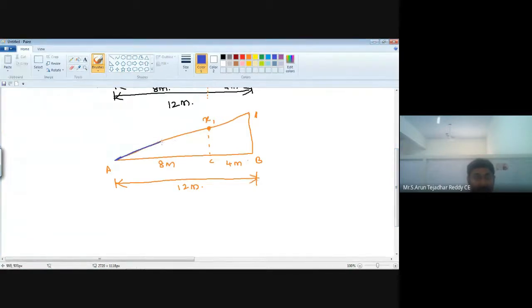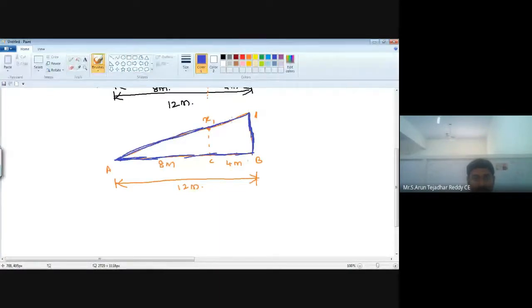First of all, I am considering the bigger triangle with the blue color.